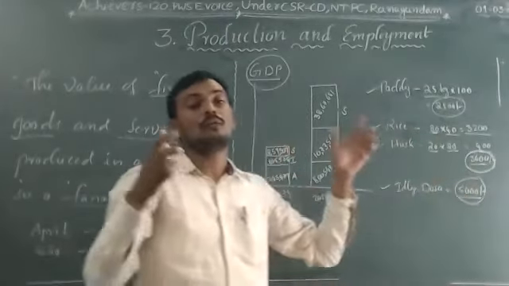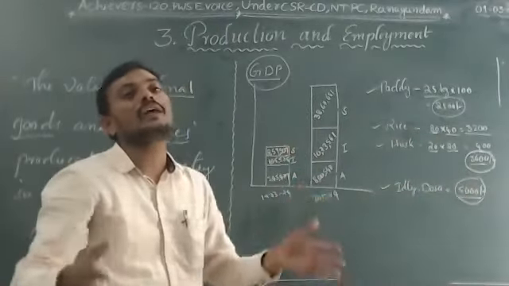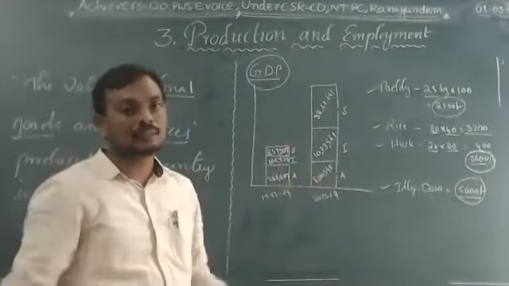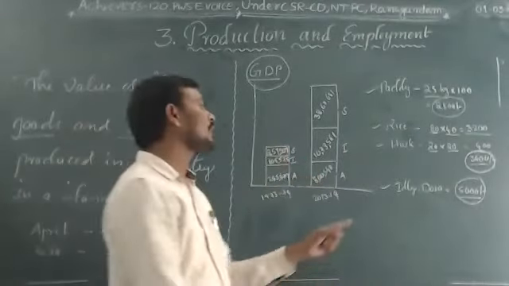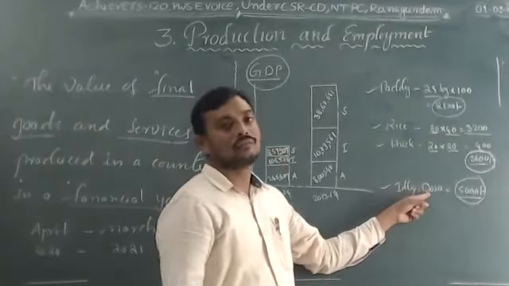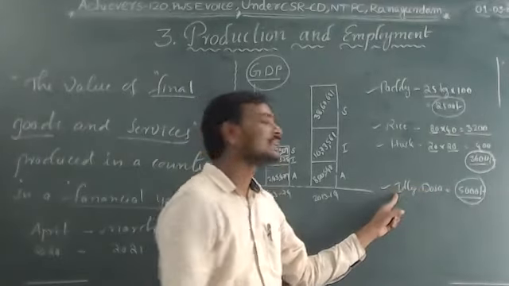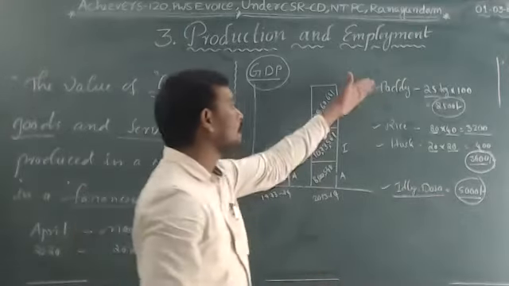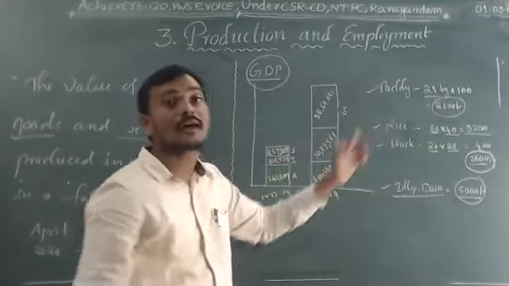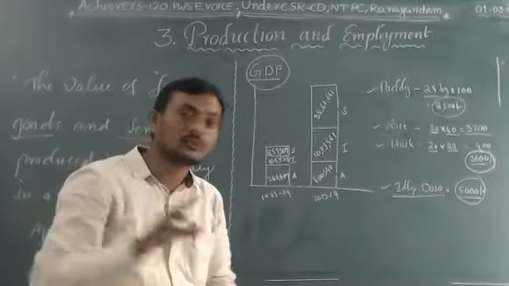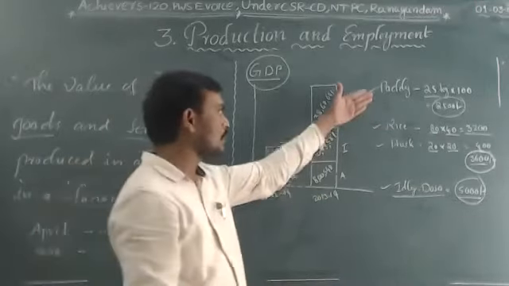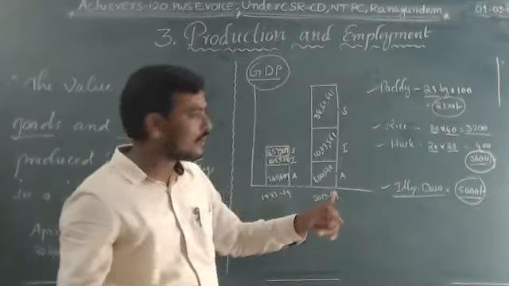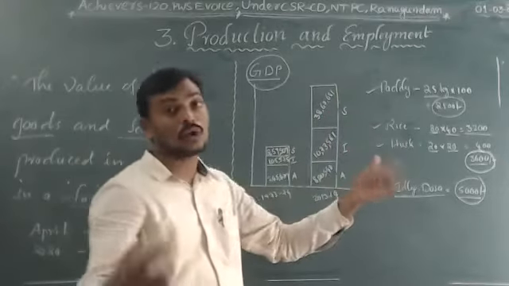So what value do they take? Which good do they take for estimating GDP? They take only the value of idli and dosa, because idli and dosa are the final goods. Paddy, rice and husk come under intermediate goods, because we do not consume paddy directly, and even rice and husk we do not consume.